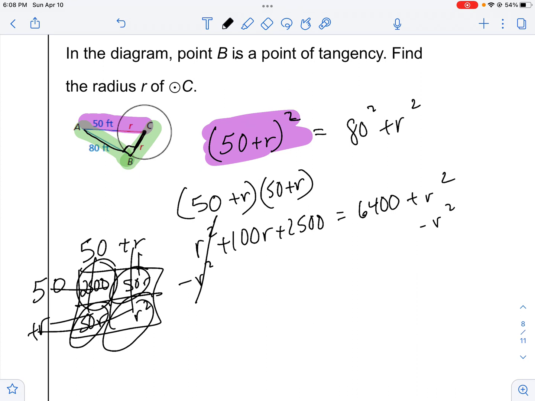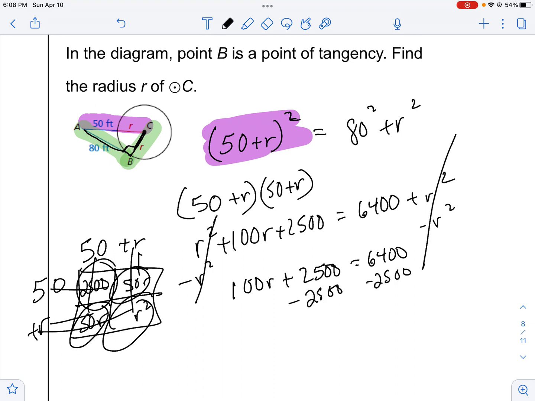R squared minus r squared is 0. Now I want to get the constants together. So I'm going to move the 2,500 to the other side. 6,400 minus 2,500 is 3,900.